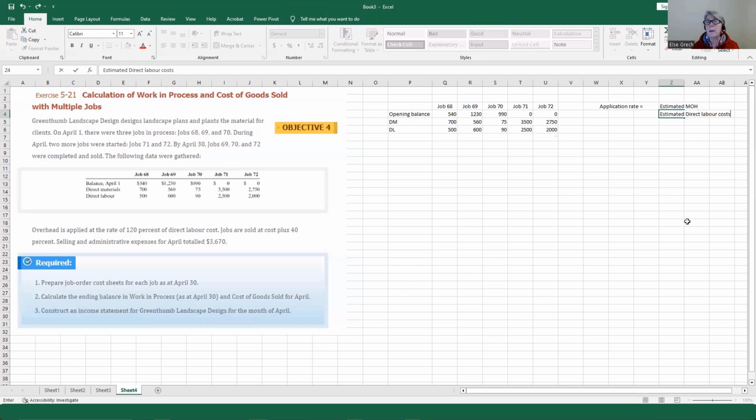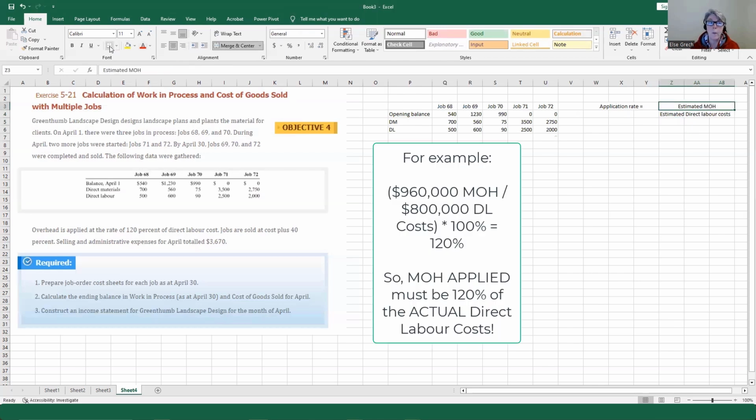So they divided a dollar by a dollar, and when we do that, we end up with a percentage, which is why we have an application rate in this case equal to 120% of direct labor costs. Keep in mind, a dollar value divided by a dollar value is equal to a percentage.